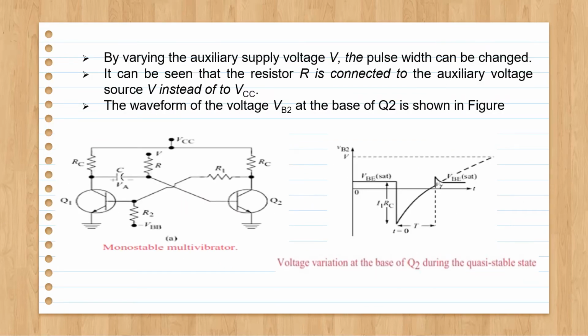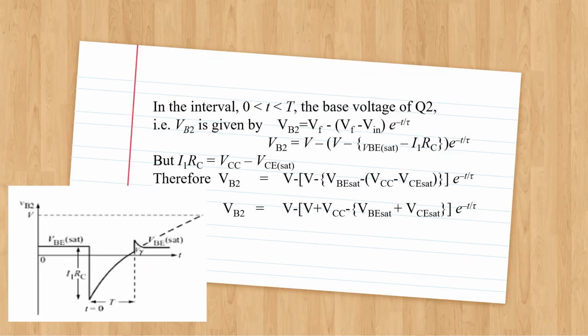Here if we apply KVL in the output loop, VCC minus I1 RC equals VCE sat. From this, I1 RC equals VCC minus VCE sat, then you will get the drop across RC. So I1 RC is given by VCC minus VCE sat.